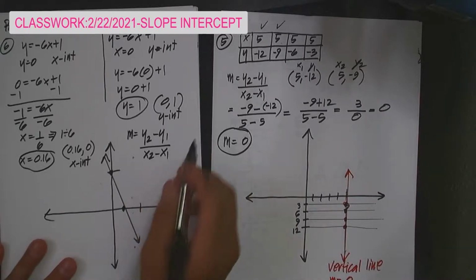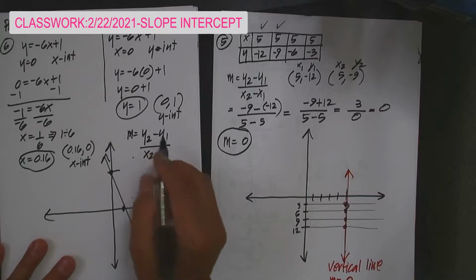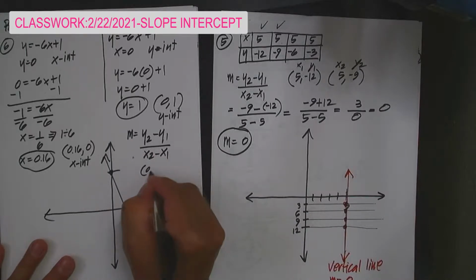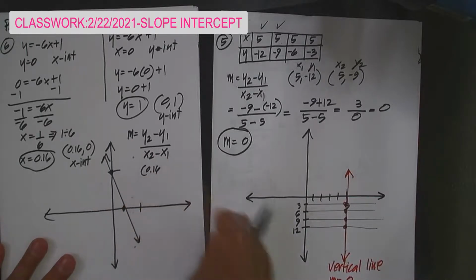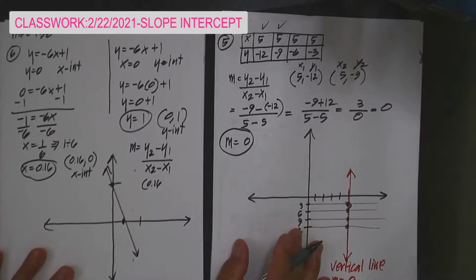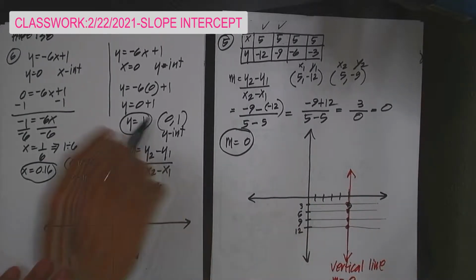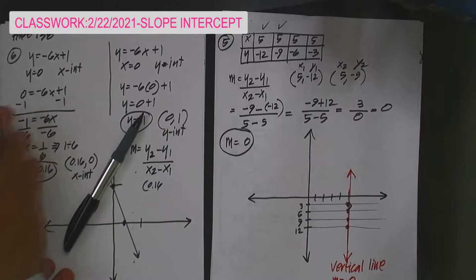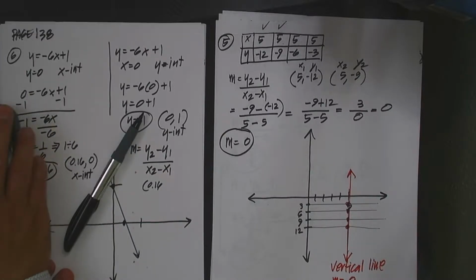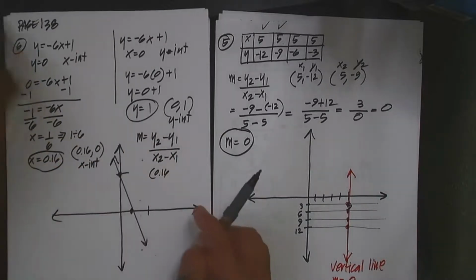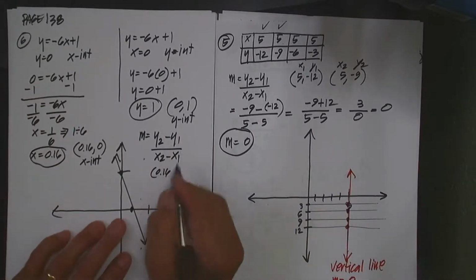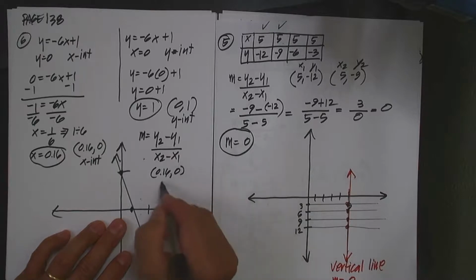Okay, let's find the coordinates first. What are the coordinates? In order for us to know that, we have to use this one, and then the other one is 0 and 1.